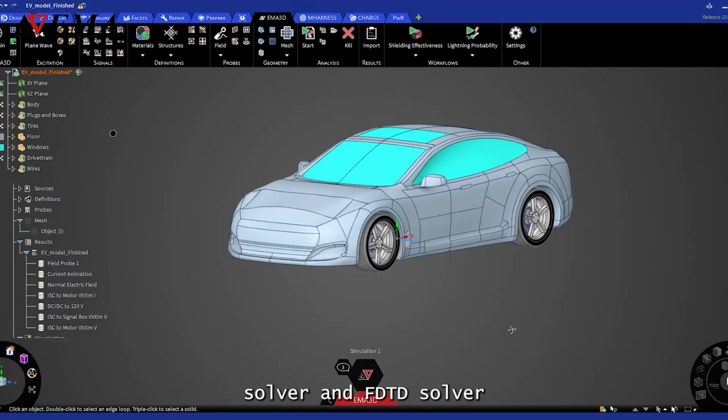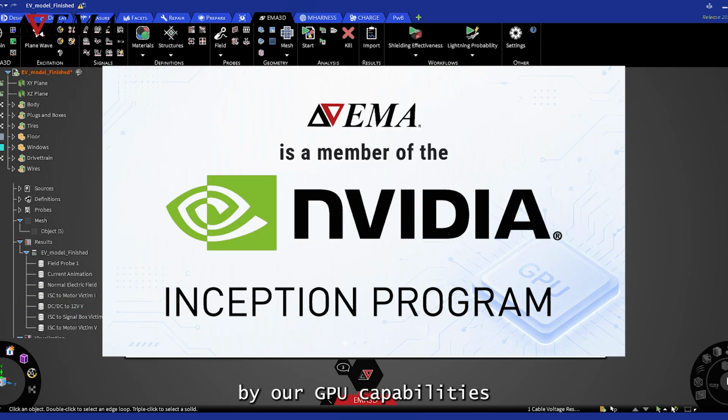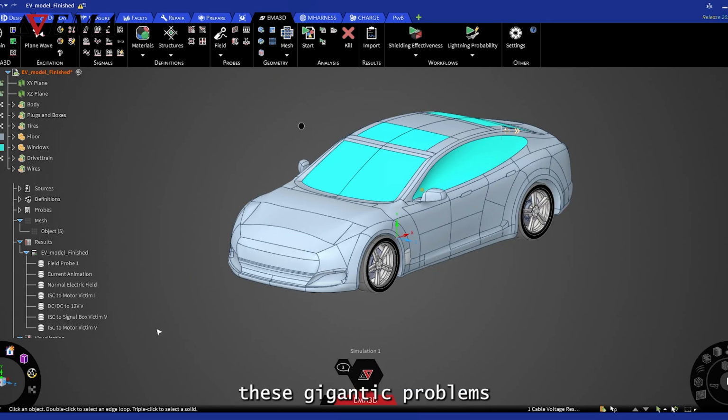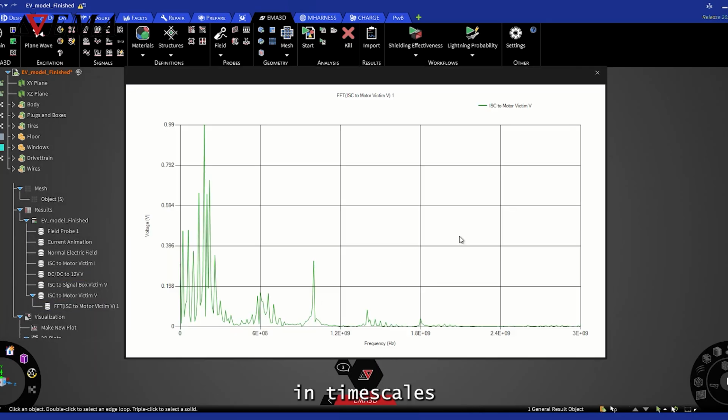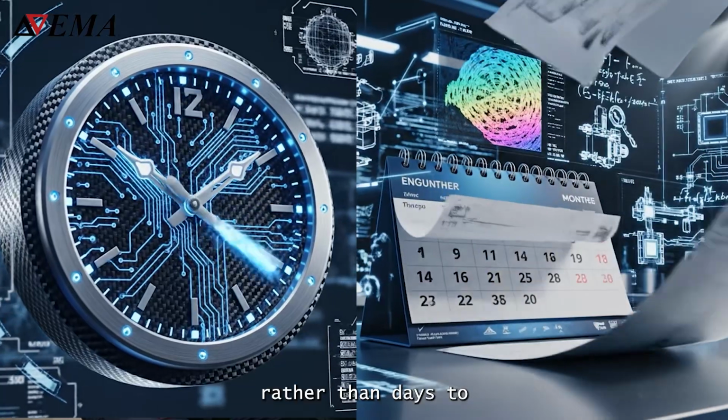Computational efficiency from hybridizing that transmission line solver and FDTD solver is even more accelerated by our GPU capabilities as well. That just means we're solving these gigantic problems in timescales that are minutes to hours rather than days to weeks.